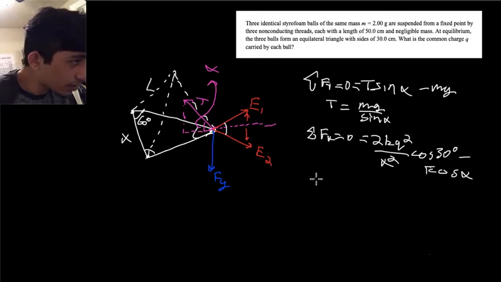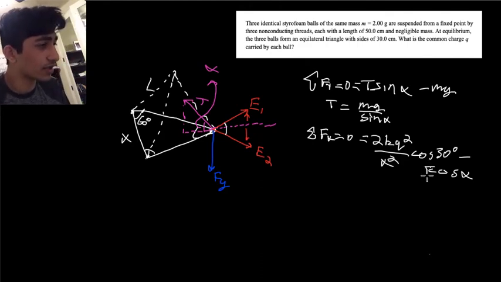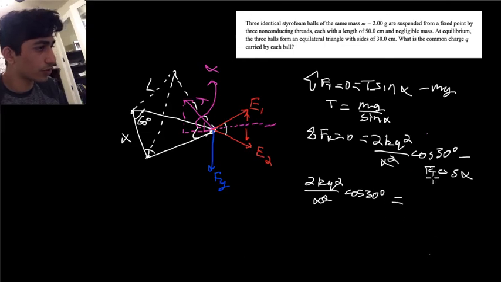And then quickly simplifying, if we just take this tension and substitute it into this T right here, mg over sine alpha, we simplify this expression to 2kq squared over x squared cosine 30 degrees is equal to mg over tangent of alpha.